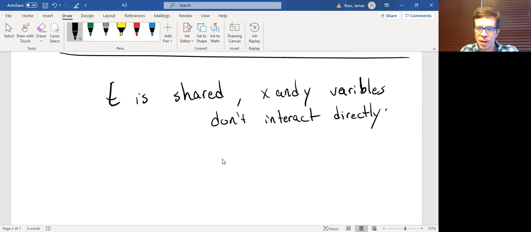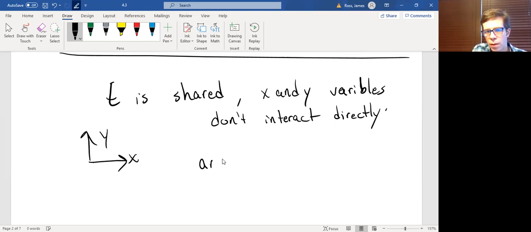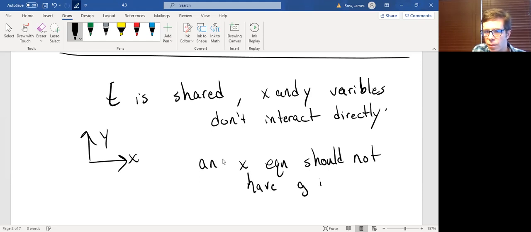It's very hard to do it without going into a specific example. If you're doing something in the x direction, an x equation should not have g in it. Right? Because g is your y acceleration.